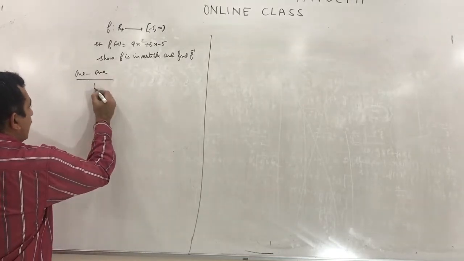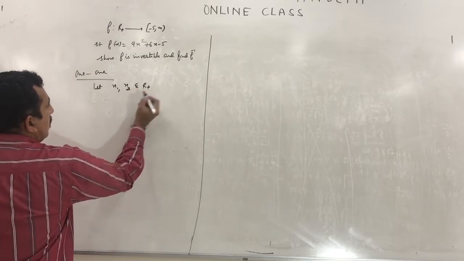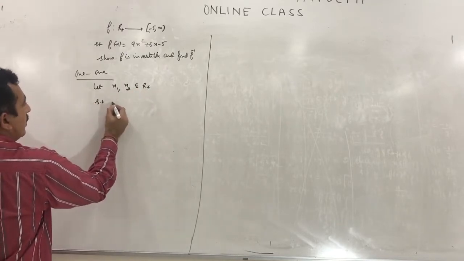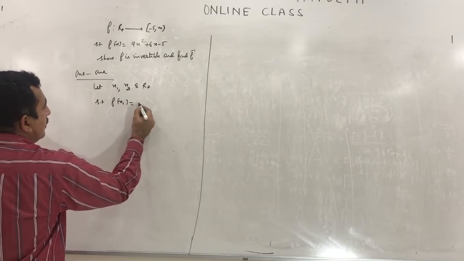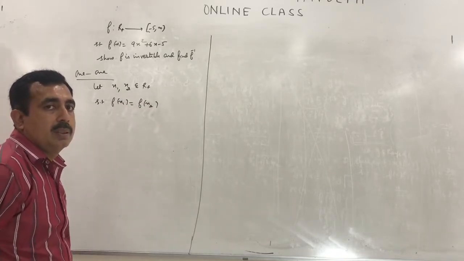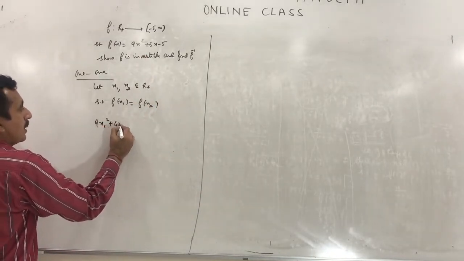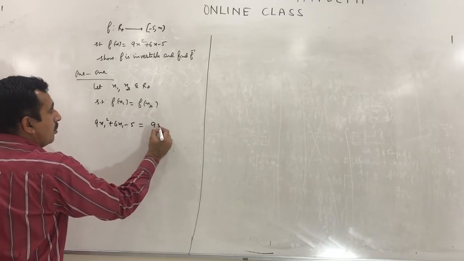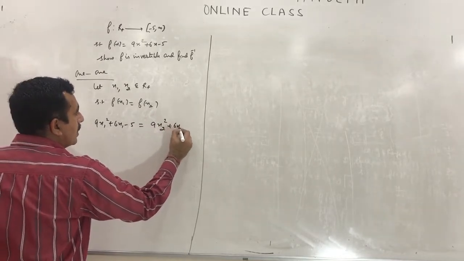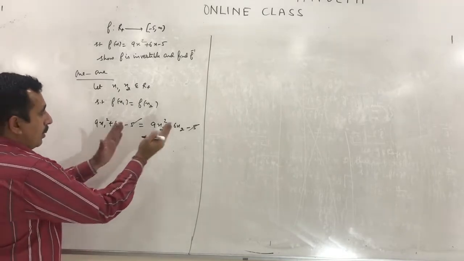So starting, let x1, x2 be such that f(x1) = f(x2). Write down f(x1): 9x1² + 6x1 - 5 = 9x2² + 6x2 - 5. This 5 cancels. All the terms transfer.